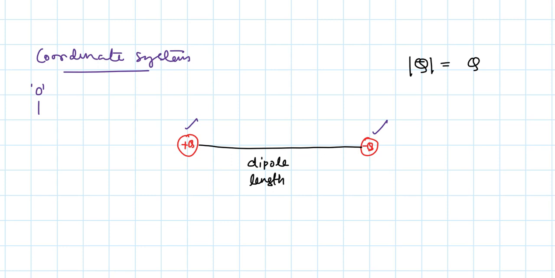So for that we need to fix some origin, conveniently of course, to measure the distance of any point in space with respect to the dipole.